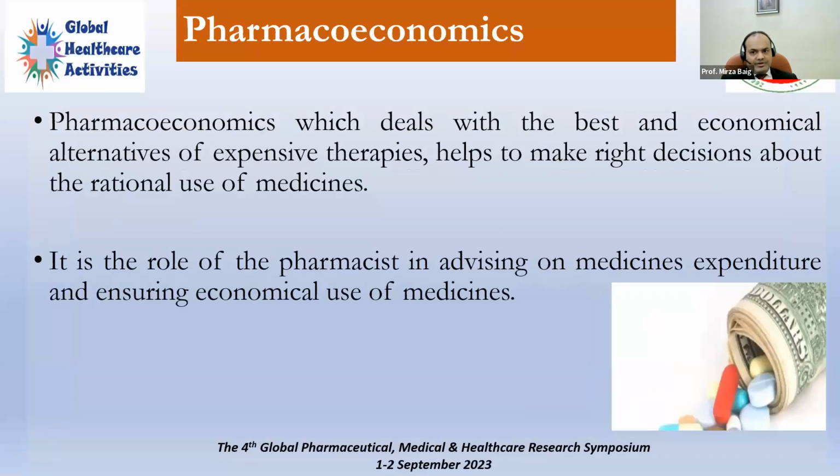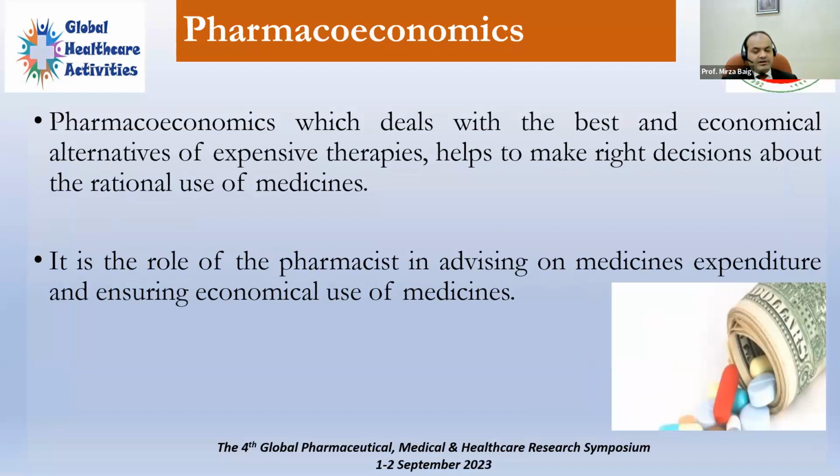Pharmacoeconomics deals with the best and economical alternatives to expensive therapies, and it helps to take the wise or right decision about the rational use of medication. Therefore, it is the role of the pharmacist to advise on medicine expenditure and ensure there is economical use of medicines.